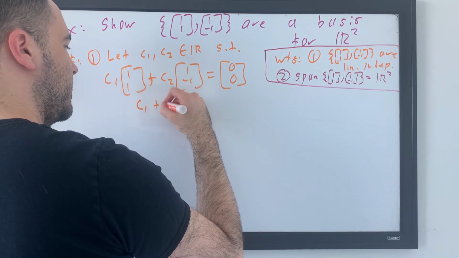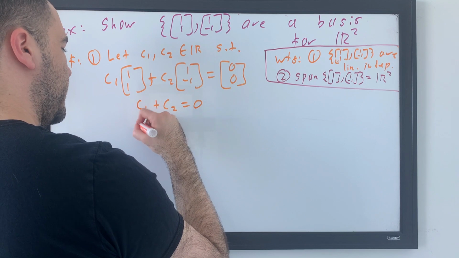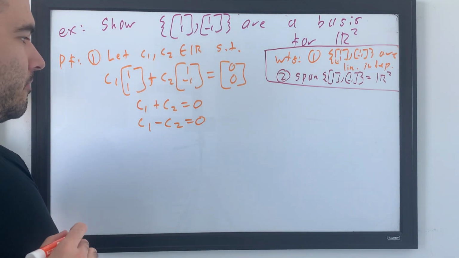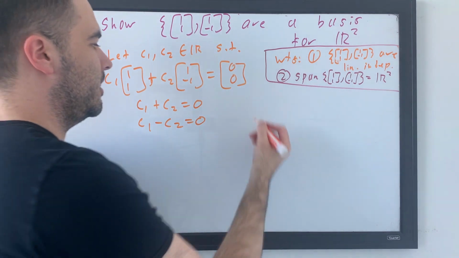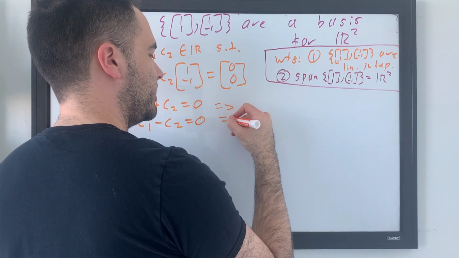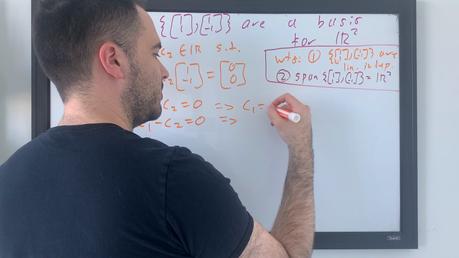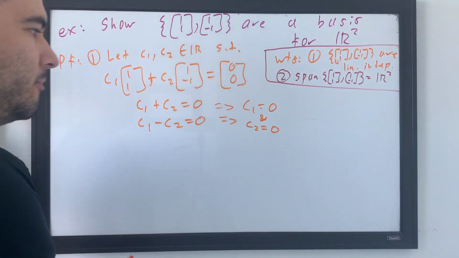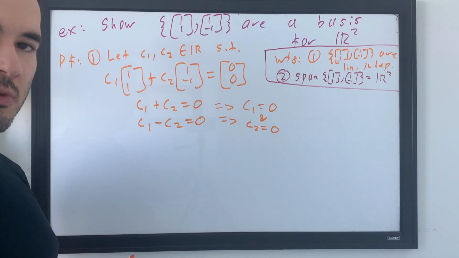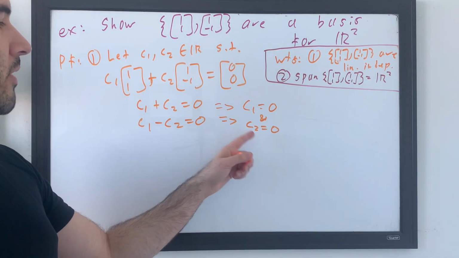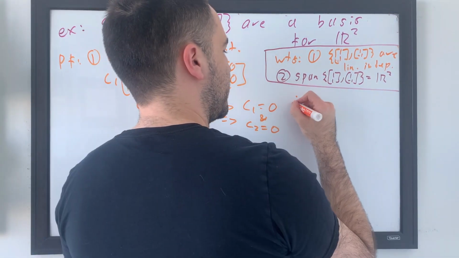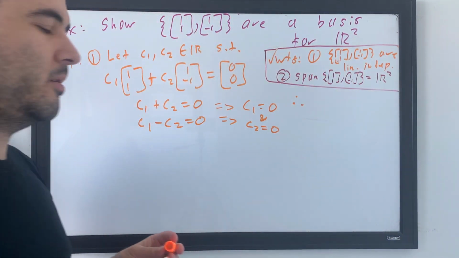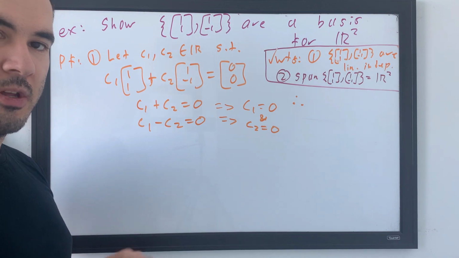So we'll have C1 plus C2 equals 0 and C1 minus C2 equals 0. After some rearranging and elimination, we will then find that C1 equals 0 and C2 equals 0. Substitution or elimination will work fine for these, but we'll still find that both of them end with 0. Therefore, these vectors are linearly independent. And now we can move on to the second.